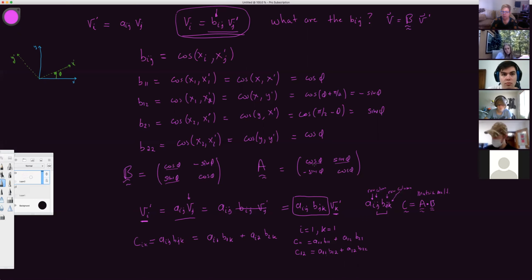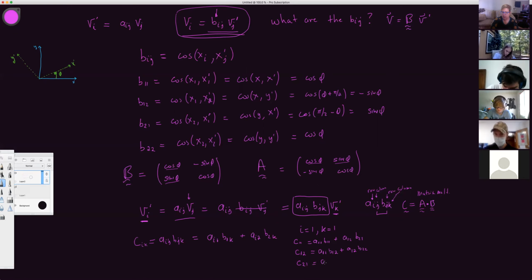Okay, let's look at that and make sure that's matrix multiplication. So we have A1,1 times B1,2, right? So now we're doing row times column again, right? And then A12 here times B22, which is here. Again, row times column, the way we always do matrix multiplication. Okay, and let's do C21.